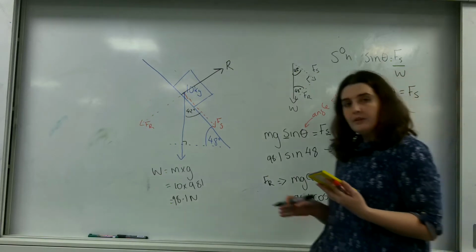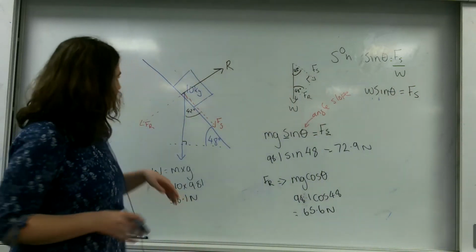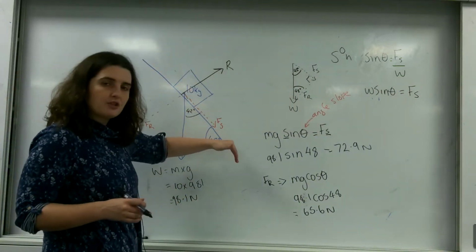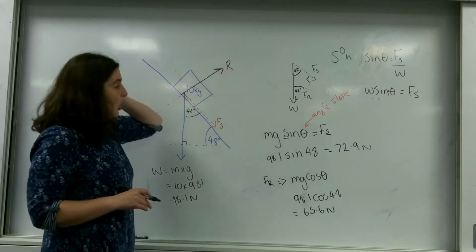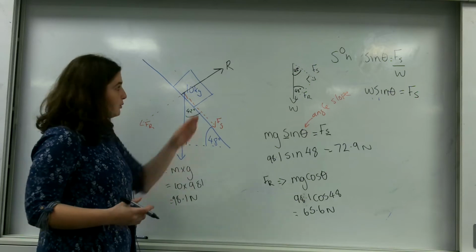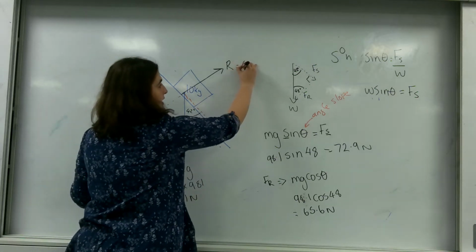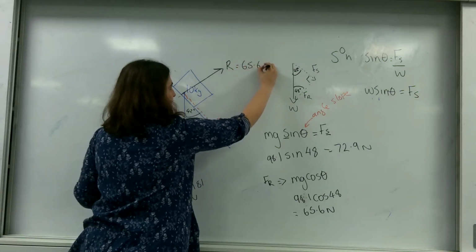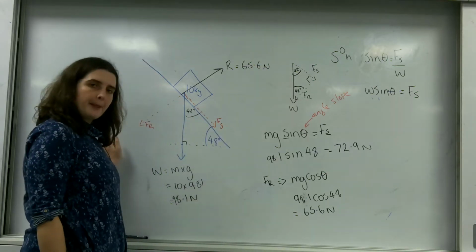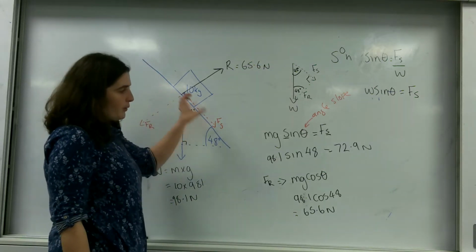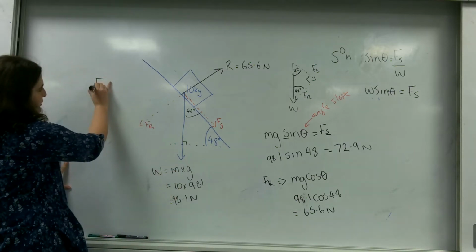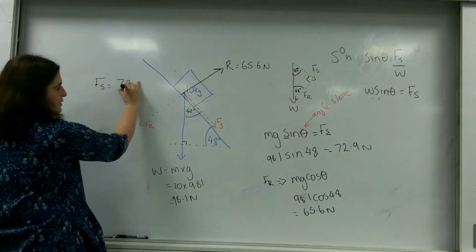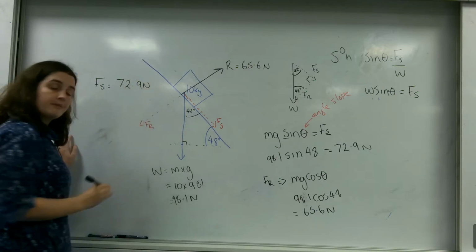Now, I know that this object is only moving down the slope, so any forces this way are going to be equal. So I know this reaction force is going to be 65.6 newtons. I know the force down the slope is 72.9 newtons.